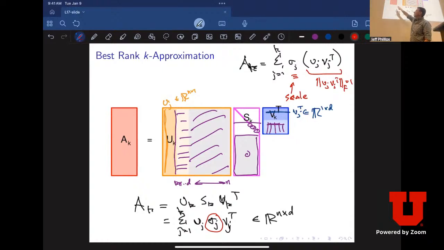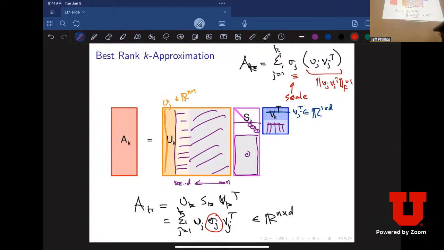The rank of A is equal to the number of non-zero singular values of it. I've only added up k terms, and I've zeroed out the other singular values. So this is the rank k approximation. And for many ways of defining best, this is the best rank k approximation of the matrix.